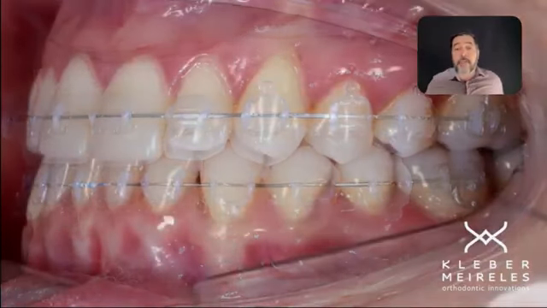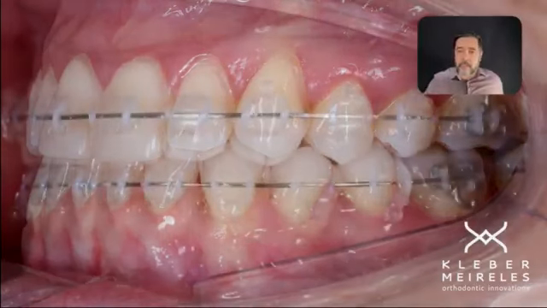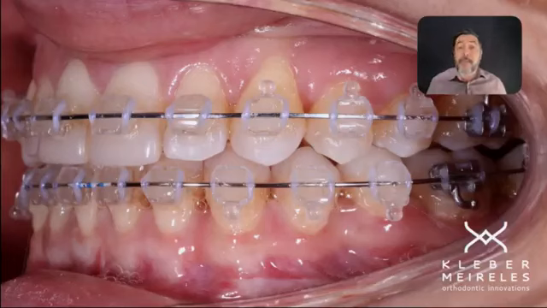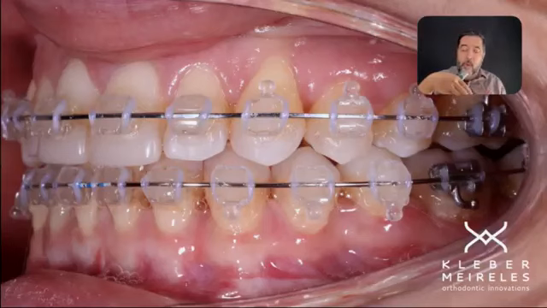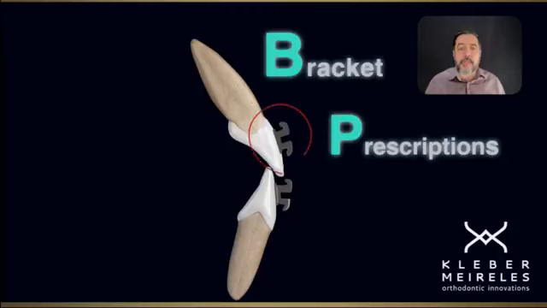Because the correction of the inclination in class 3 cases for surgery is related to this: to remove the natural compensation, or sometimes the compensatory treatment that was done before. And when we do the correct inclination, we are changing the torque of upper and lower anterior teeth, and of course sometimes the posterior teeth, but this is mostly in the anterior segment, okay?